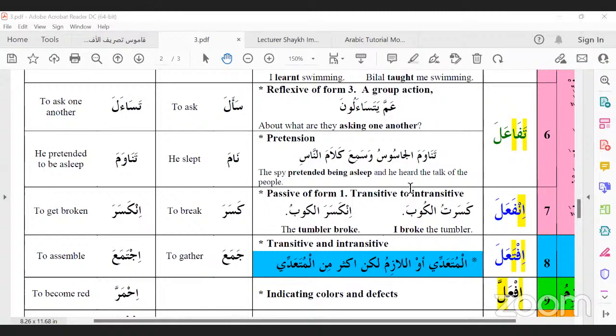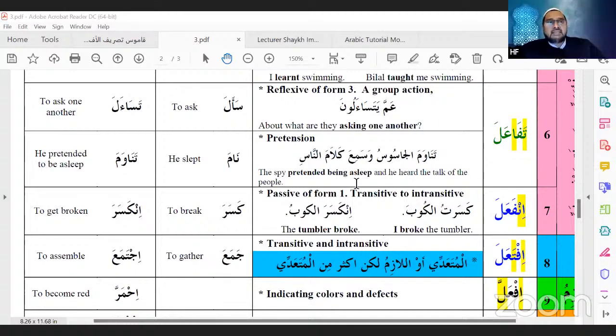Subhanallah. So, sir, how would we distinguish between sa'aluna and yatasa'aluna, the third form and the sixth form of sa'ala? Both will be asking one another. Yes, both are asking one another. So sa'ala, he asks. Yatasa'alu is more people asking, more individuals involved.